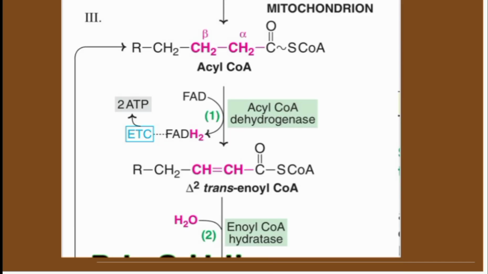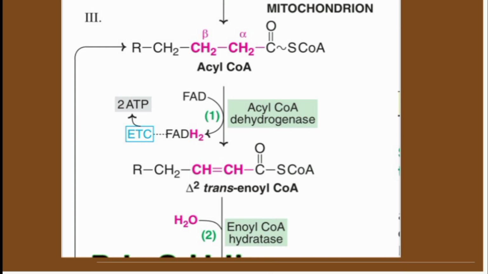You can see in the mitochondria, the acyl-CoA is dehydrogenated, and we have the production of FADH2 and an enoyl-CoA. The enzyme responsible for this is acyl-CoA dehydrogenase. Since it is acyl-CoA that we are dehydrogenating, that's why the enzyme is acyl-CoA dehydrogenase.